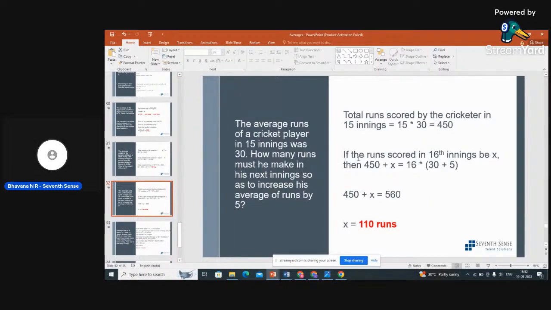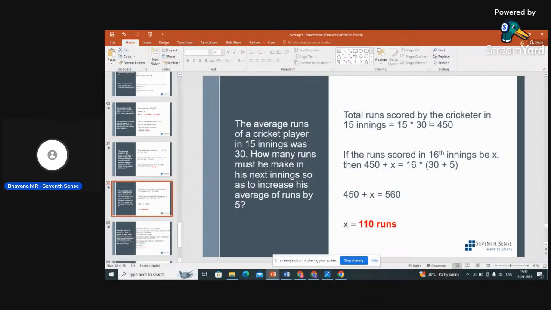So if the runs scored in the 16th innings is taken as x, we don't know what value, so let me take it as x. Then 450 plus x is equal to 16 into 30 plus 5. So why 30 plus 5?